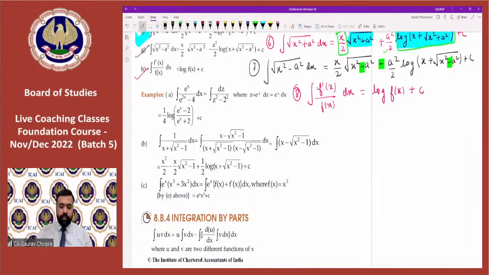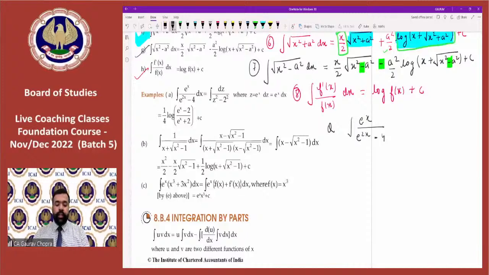So let us try one question. So this time we are having integration of e to the power of x divided by e to the power of 2x minus 4.